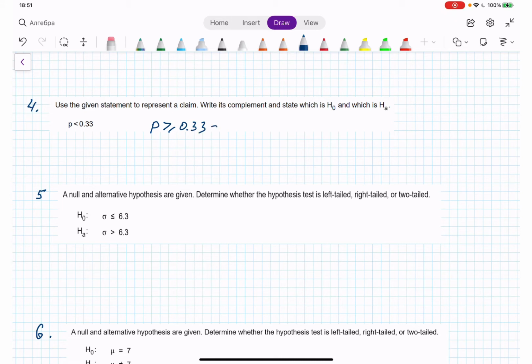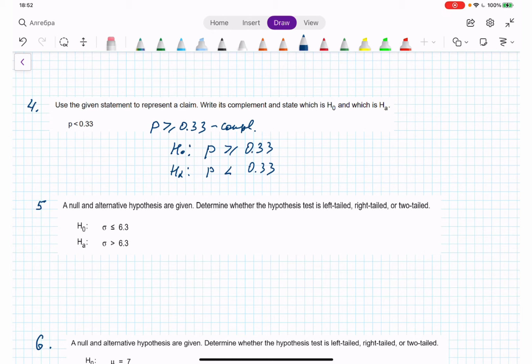Accordingly, the null hypothesis will be, which one has the equal sign? Greater or equal, right? P is greater than or equal to 0.33, and the alternative one is proportion less than 0.33.